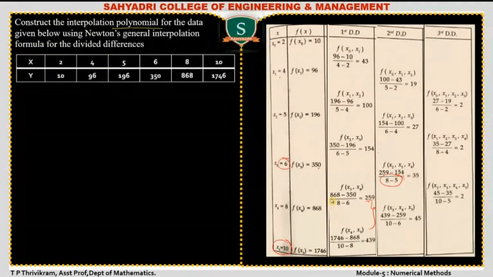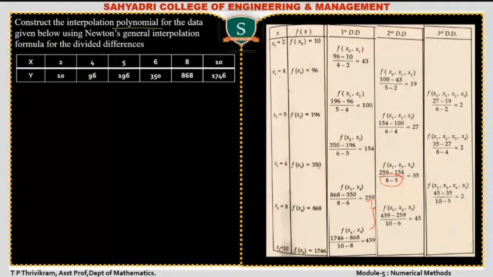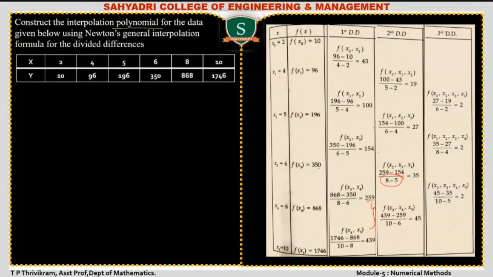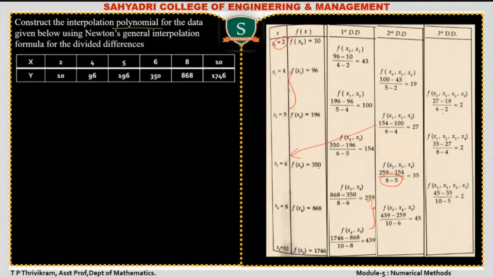This will be this much. 27 minus 19. Okay, 27 minus 19 means here last value is how much corresponding? Give two gaps. Last one. That means 6 minus 2 you have to take. Clear?